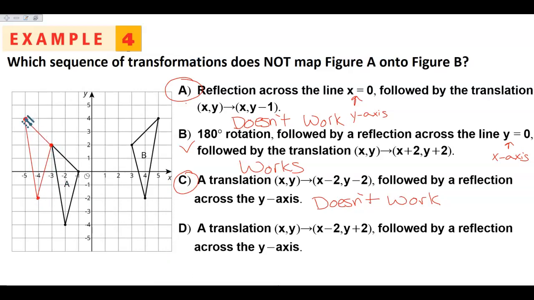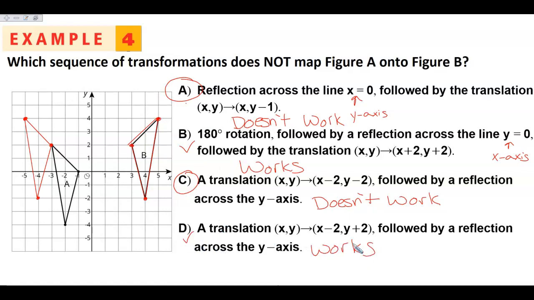That didn't change colors, but that's okay. Then we're going to reflect this one across the Y. So this is 5 away, 5 away, 3 away, 3 away, 4 away, 4 away. This one is going to land us right on top of this one. So this one does work.